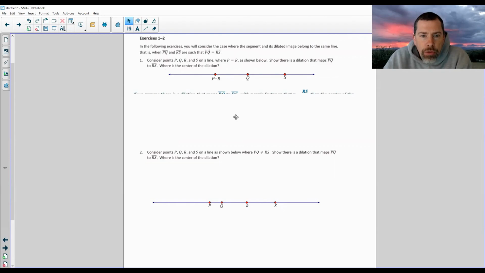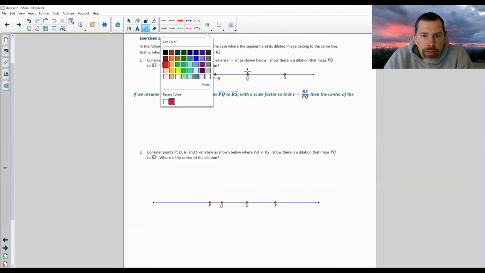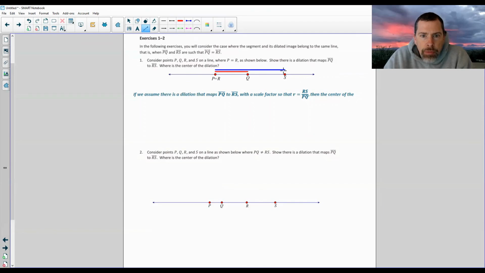Okay, so in order to do that, here's what we would say. If we assume there is a dilation that maps segment PQ to RS with a scale factor r equals RS over PQ. So let me just color code this up. So what they're talking about is, here is PQ. Here is segment PS.